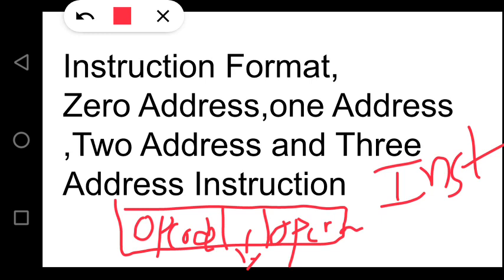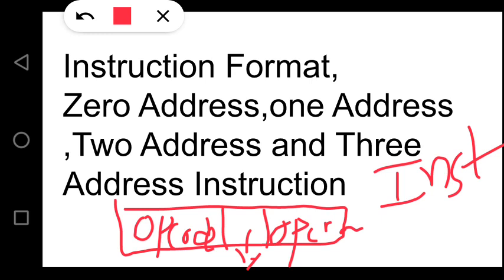The first question is, who develops the instruction? The user or programmer or developer develops the instructions with the purpose of a desired result.